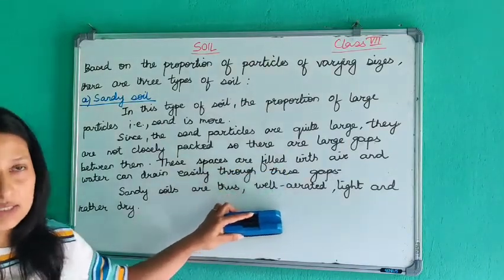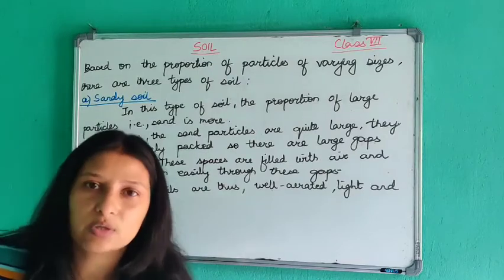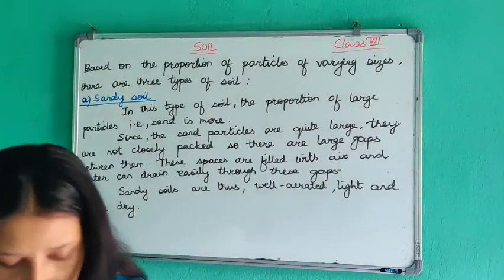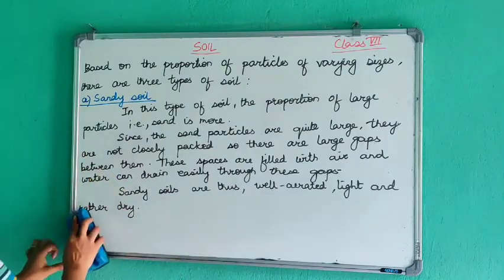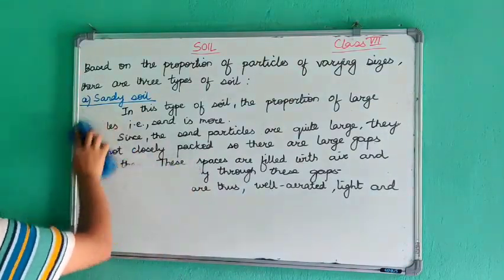So these are well aerated and they are dry because water will drain through this soil. छिरिहाल्छ नि त. So these are rather dry.